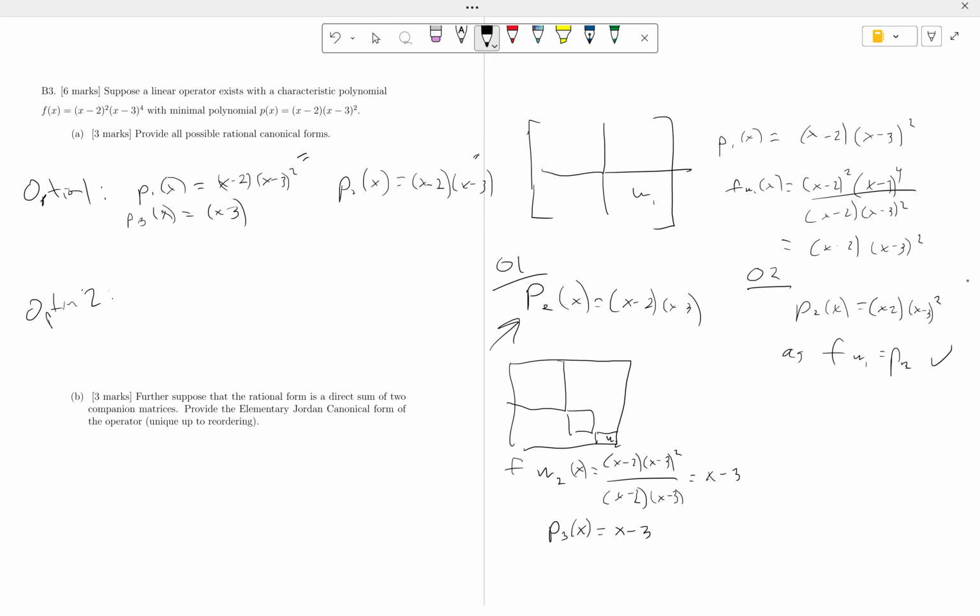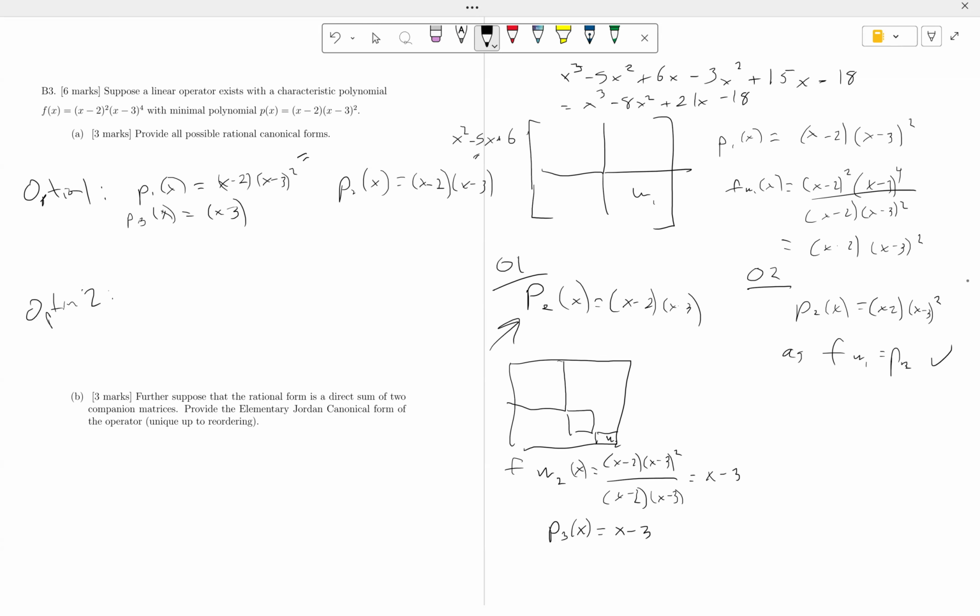So here I'm looking at this and expanding. It's x squared minus 5x plus 6. Now I've got to multiply x squared minus 5x plus 6 one more time. So x cubed minus 5x squared plus 6x minus 3x squared plus 15x minus 18, which gives x cubed minus 8x squared plus 21x minus 18.